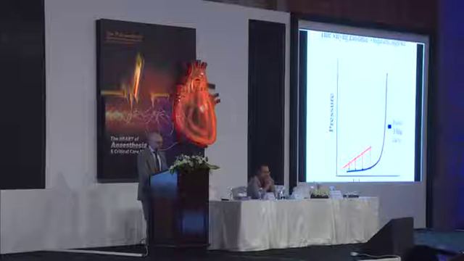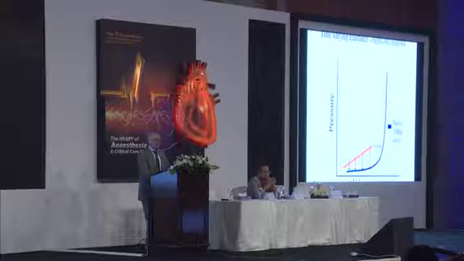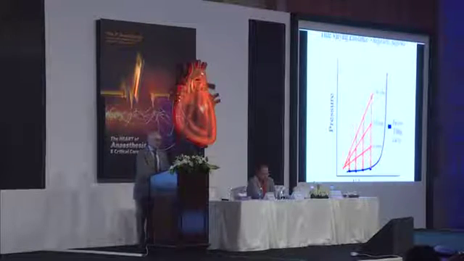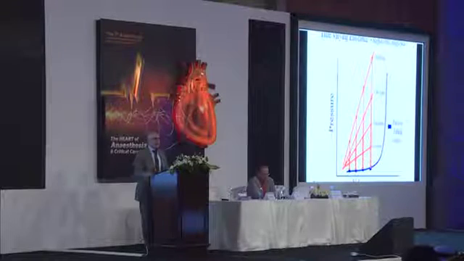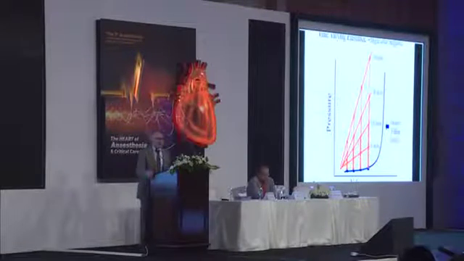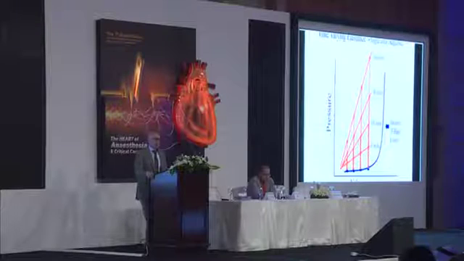And he found that he would do this, let's say, for 60 milliseconds, and all the points landed on one line. And then he would look at what's happening at 100 milliseconds, at 140 milliseconds, 180 milliseconds, and at any given time, from any given initial volume, all these points land on the same line. The slope of this line is elastance, or 1 over compliance.